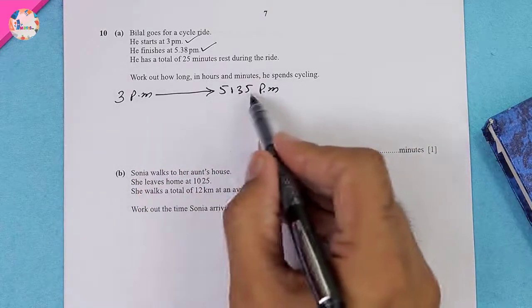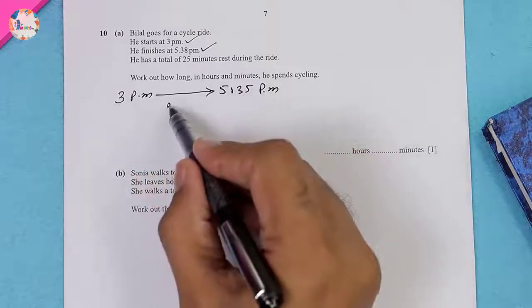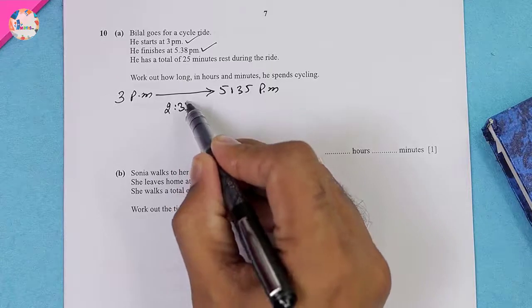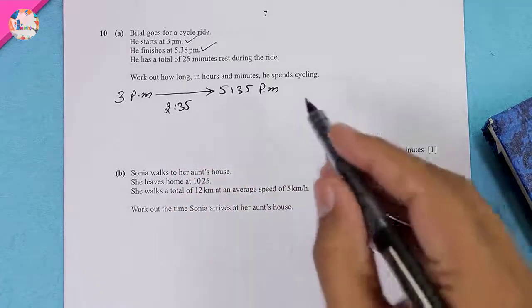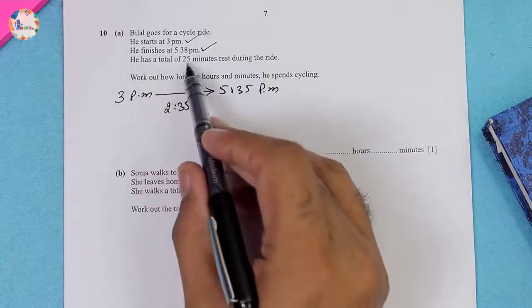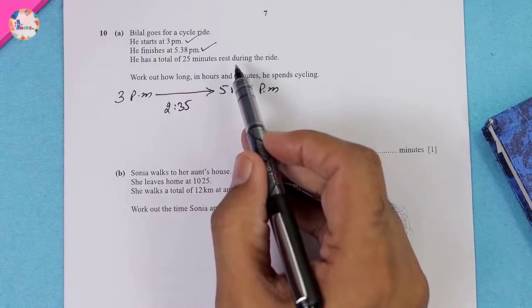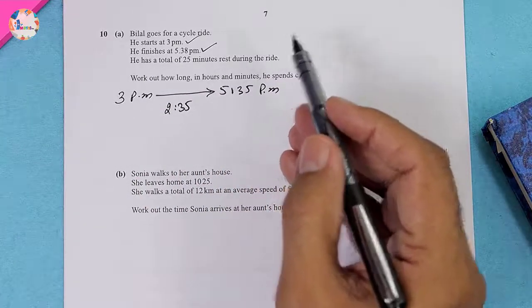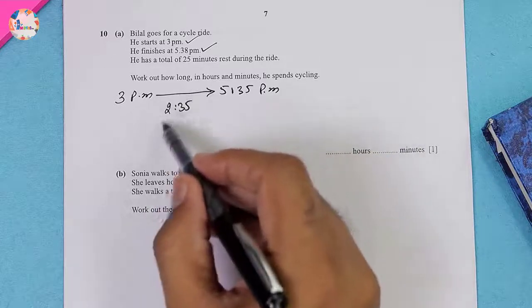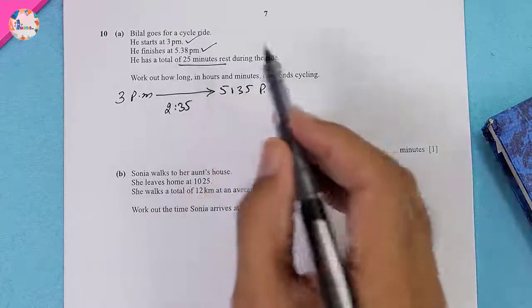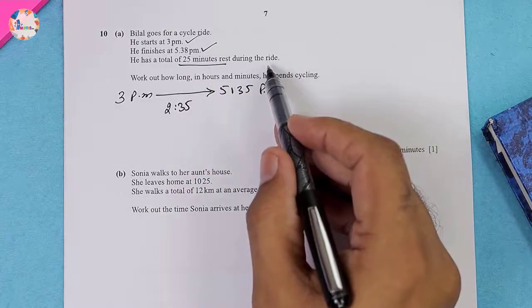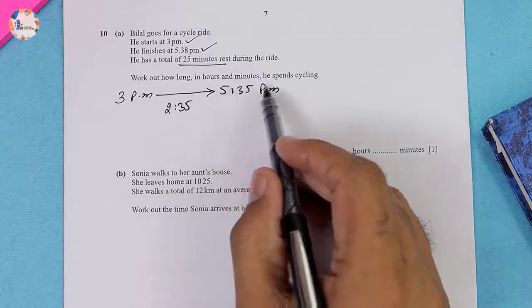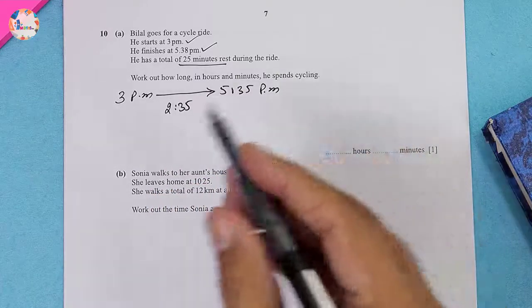So how much is the duration? This will be 2 hours and 35 minutes. He has a total of 25 minutes rest during the ride, so the 25-minute rest is also included. Work out how long in hours and minutes he spends cycling.